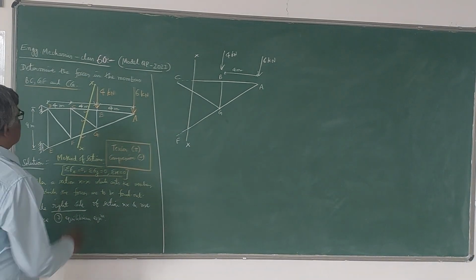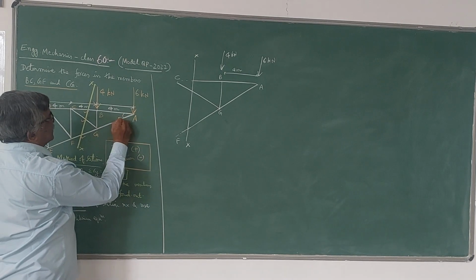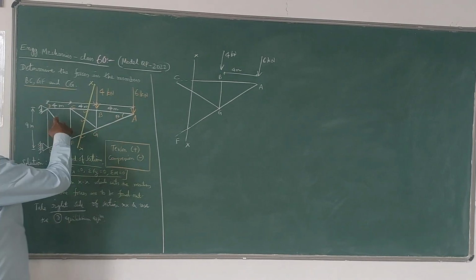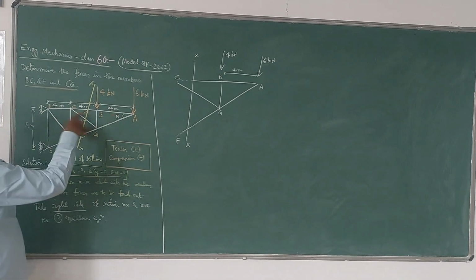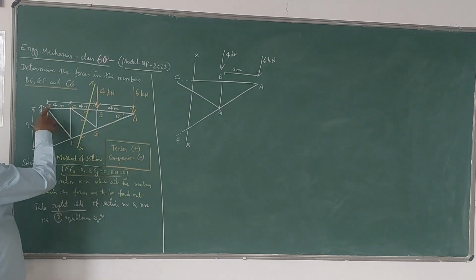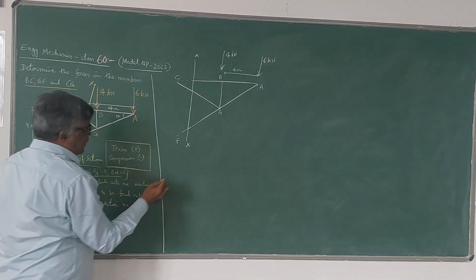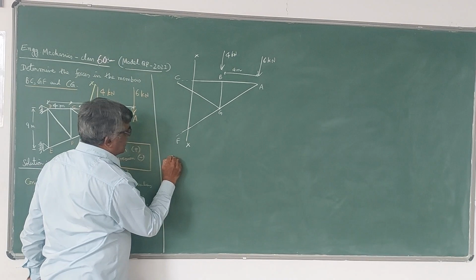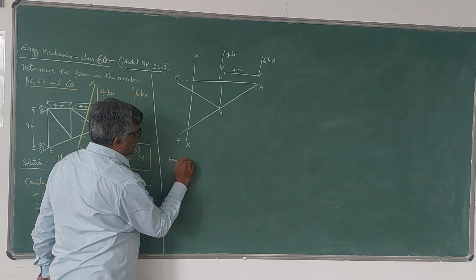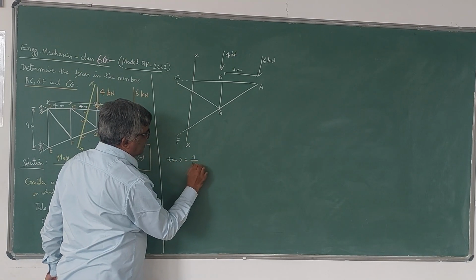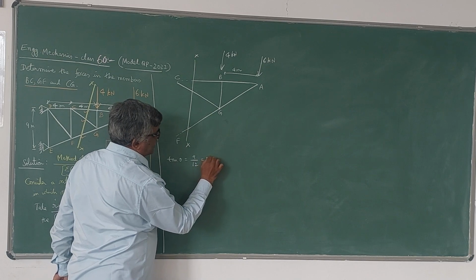Now, what we have to do is, let us find out this angle, theta. So, from the triangle, you can see that this right angle triangle, tan theta is 9 divided by 12. So, you can find out the value of theta. So tan theta is equal to 9 by 12, that is 0.75.